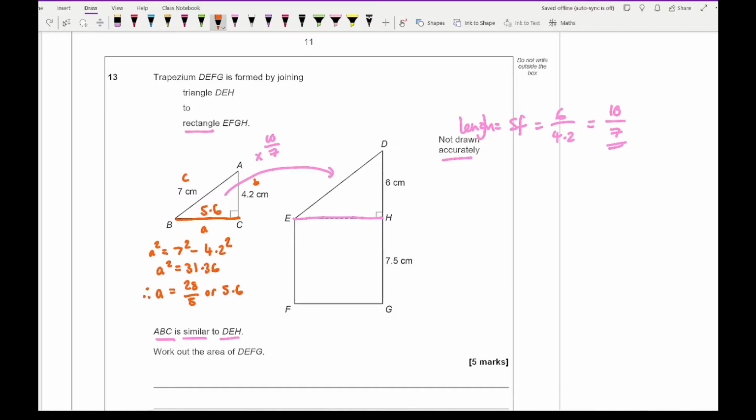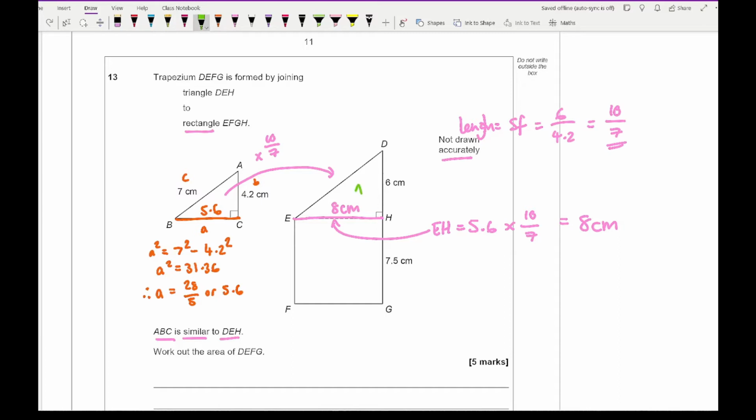Then to work out what EH is, this length here, EH is going to be 5.6 multiplied by the scale factor, which is 10 over 7, and I get an answer of 8 centimetres. So this length here is 8 centimetres.